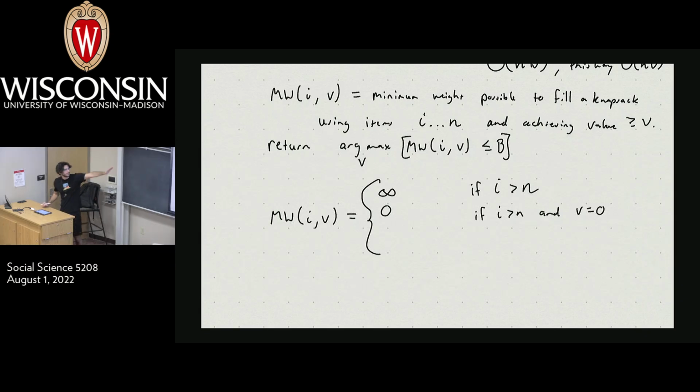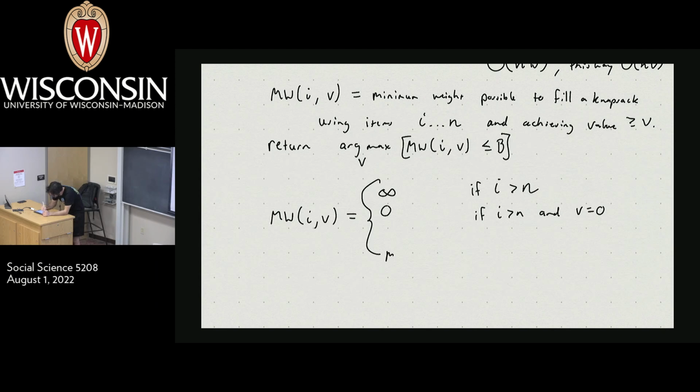On the other hand, what do we do? What's the decision we have to make at step I? Yep, so we can either put item I in the knapsack or not. So what are the two cases?